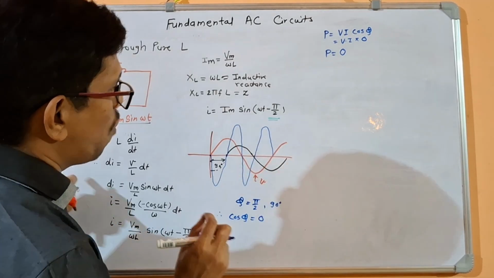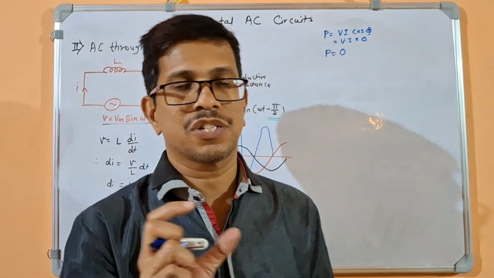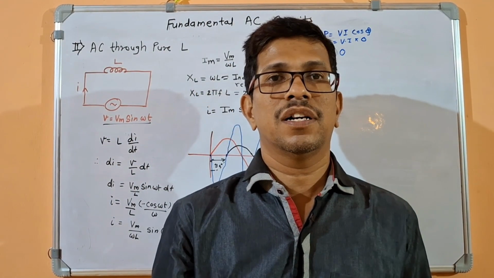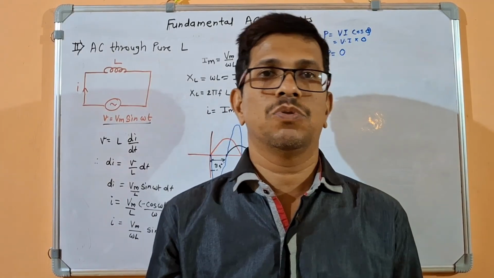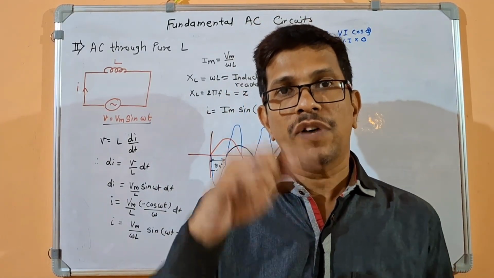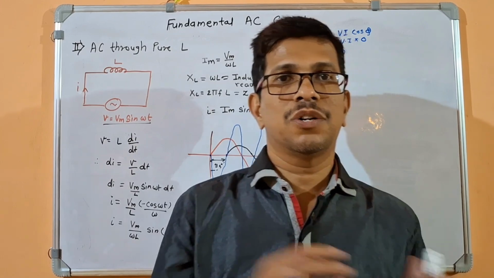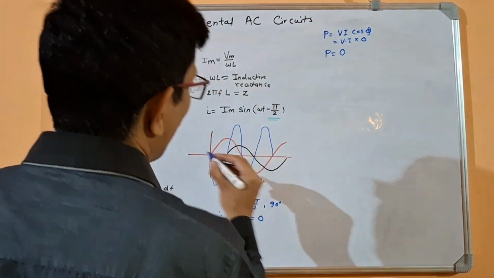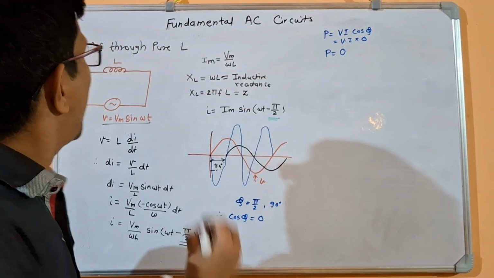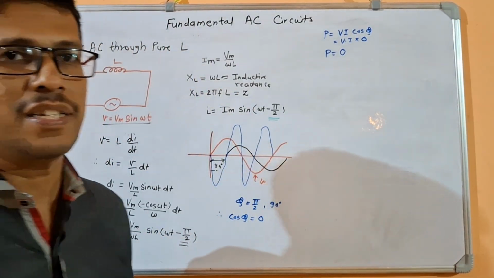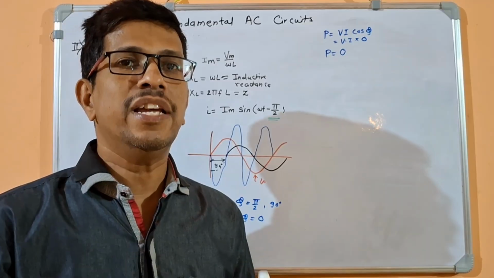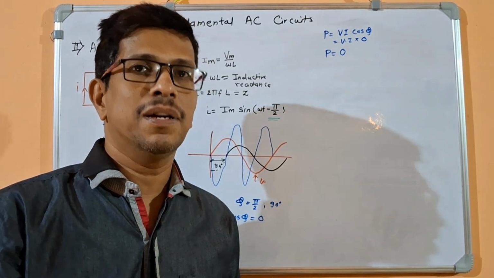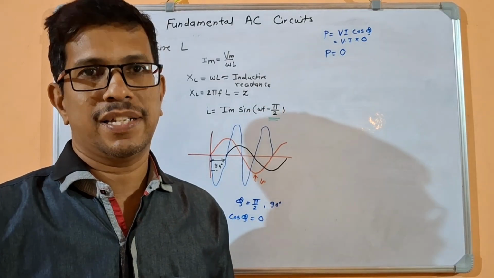That means for one quarter cycle, power is taken by the inductor, and for the next quarter the power is returned to the supply. Means power keeps fluctuating from inductor to supply, and from supply to inductor. Therefore the average power taken by this L, the pure inductor, is always 0. So it is only an energy storing device. It stores the power for some time and returns it to the supply in the next quarter.